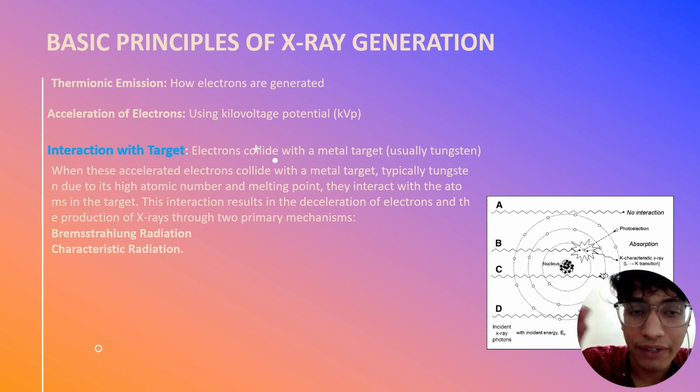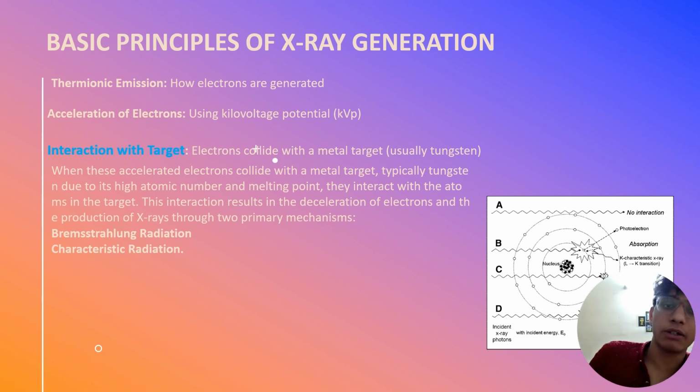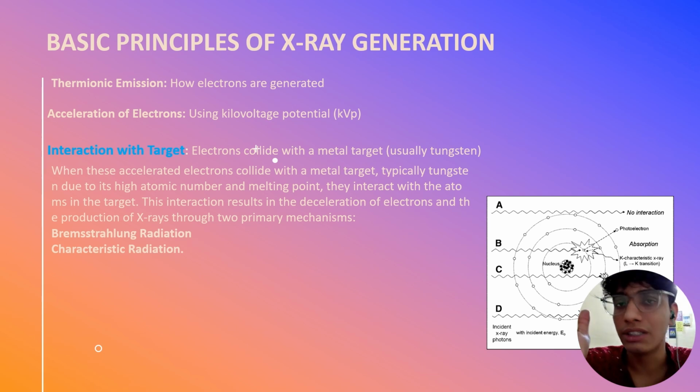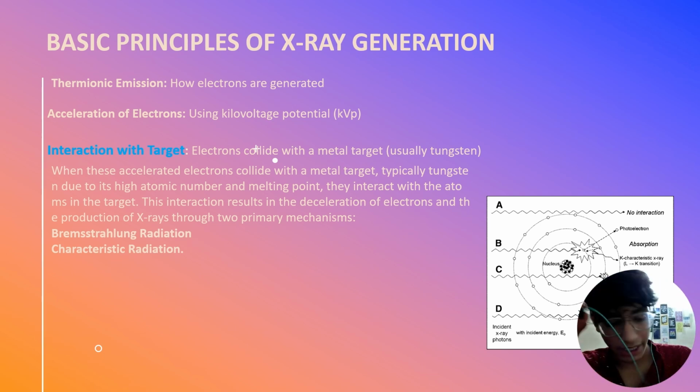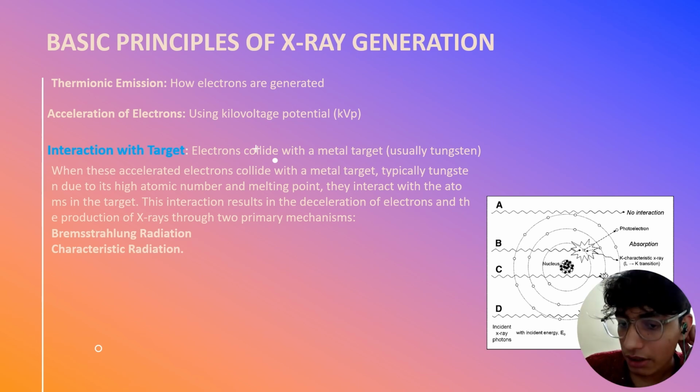Finally, these high energy electrons strike the target metal, usually tungsten, due to its high melting point and high atomic number. When the electrons interact with the surface atoms of the tungsten target, there are two primary mechanisms of X-ray generation, which include Bremsstrahlung radiation and characteristic radiation.